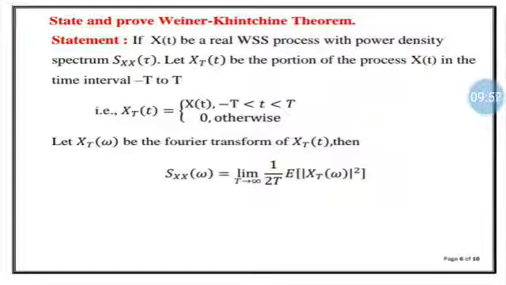Let XT of omega be the Fourier transform of xT of t. Then Sxx of omega equals limit T tends to infinity of 1 by 2T into expected value of modulus of XT of omega the whole square.